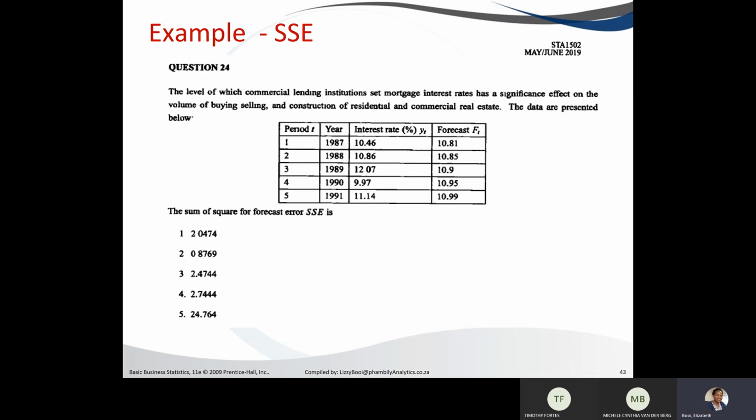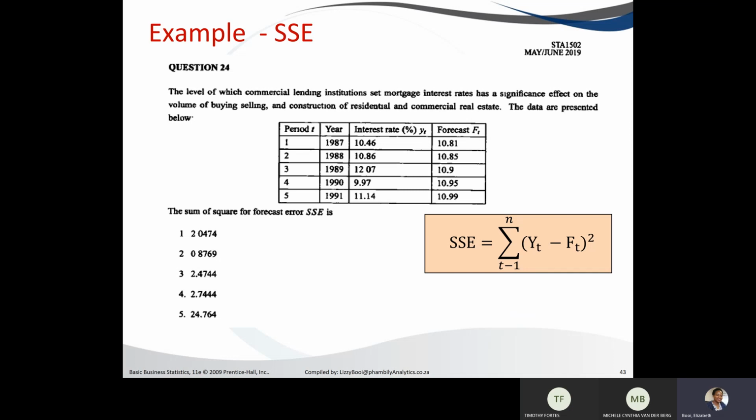The next example is to calculate the sum square errors, or the sum square for forecast error, which is SSE. We are given our y hat and our y, which are the interest rates and the estimated interest rates.